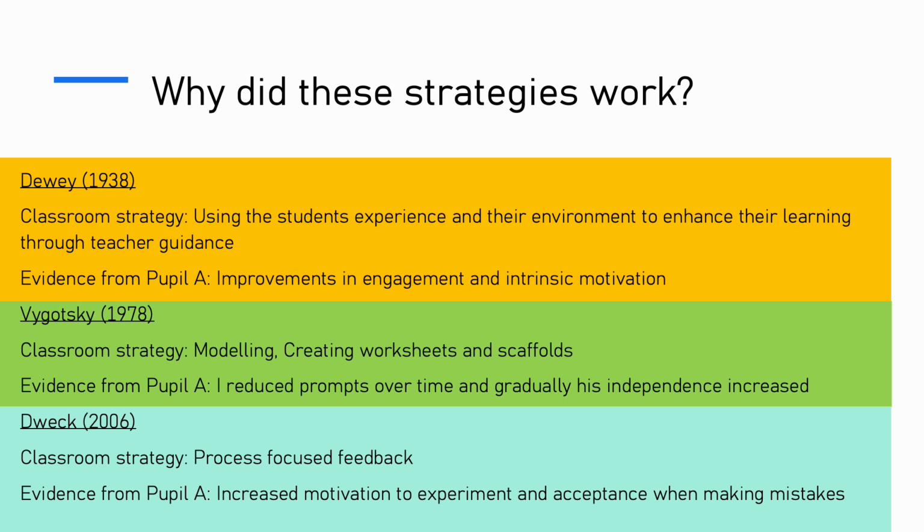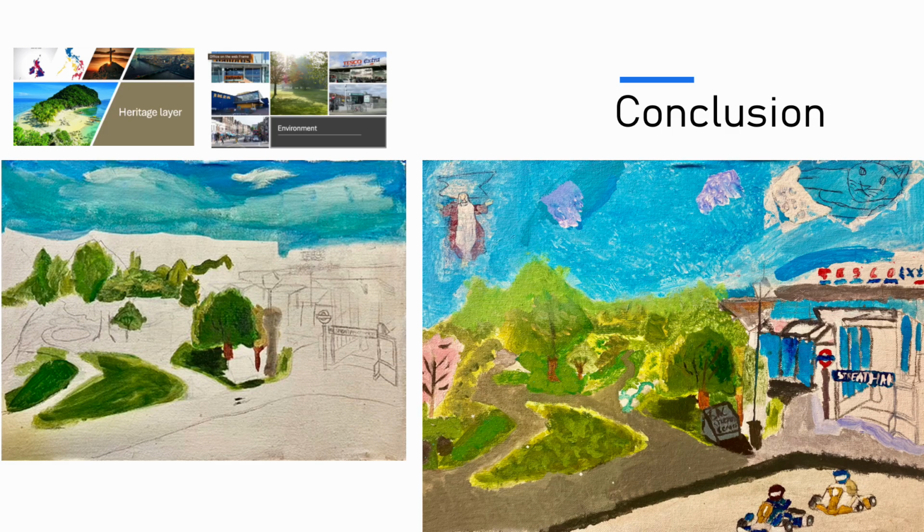Vygotsky's strategy of modelling and using scaffolded worksheets reduced the amount of prompts that Student A required over time, and gradually his independence increased. Dweck's strategy of process-focused feedback increased Student A's motivation to experiment and acceptance of making mistakes.